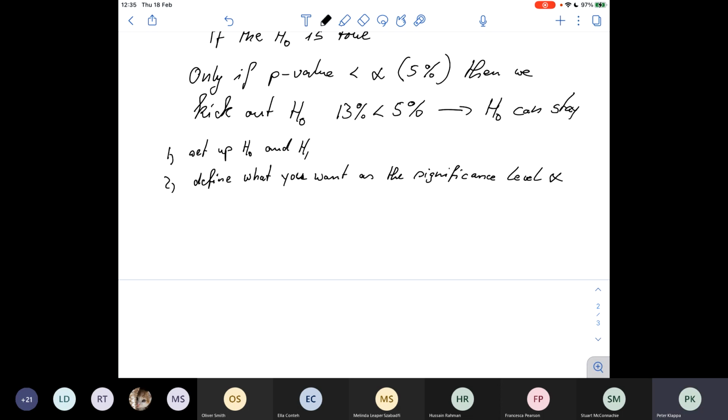You can go for 1%, or you can go for 10%. That then defines this alpha, that defines the 95%, that defines the confidence level.